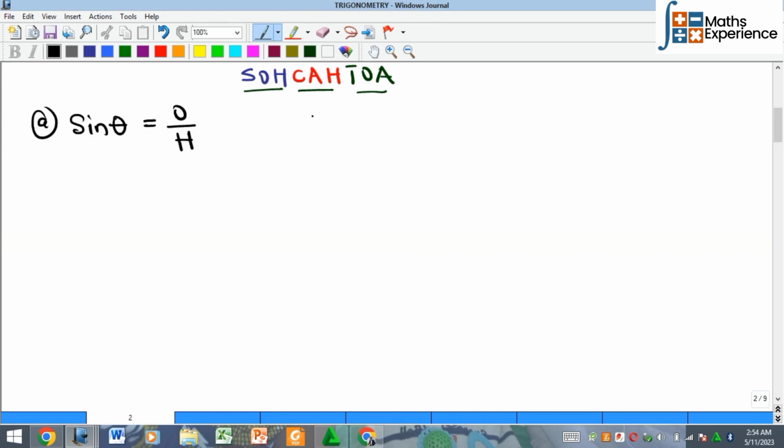If I have a right angle triangle, where here is the right angle, that means this is the hypotenuse.